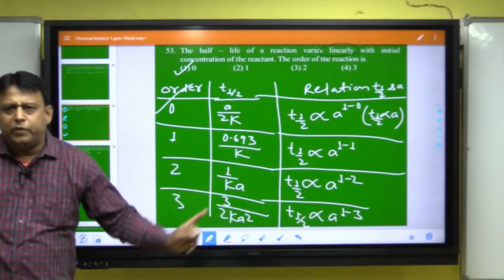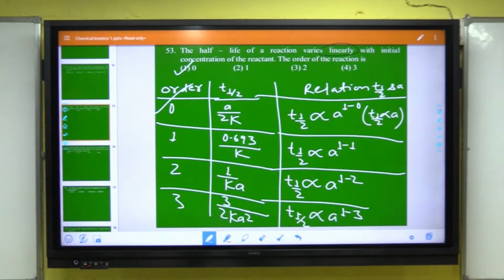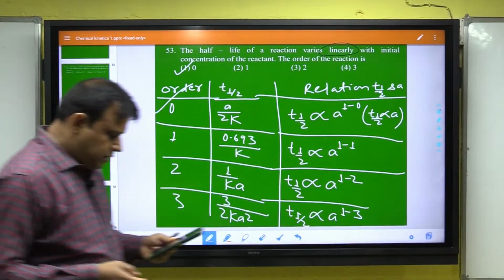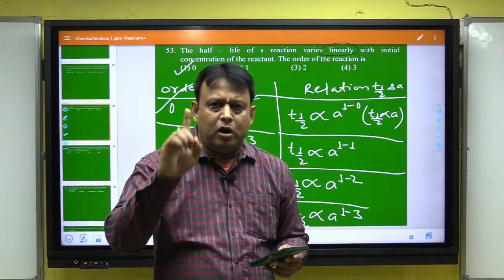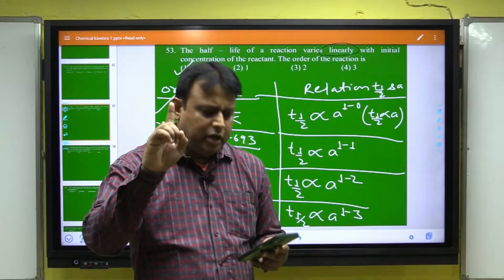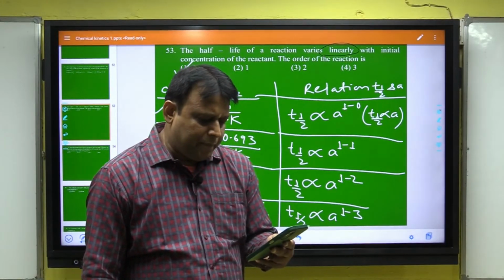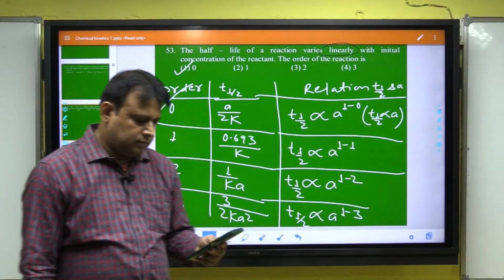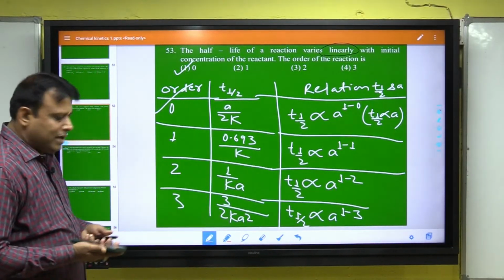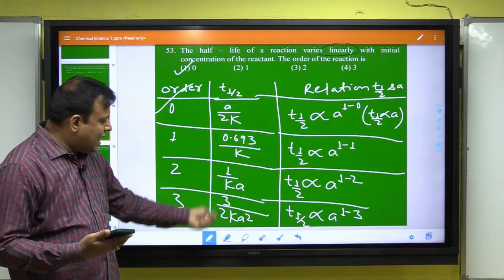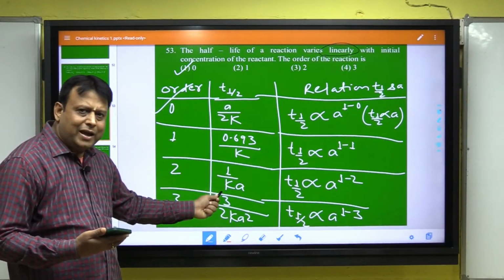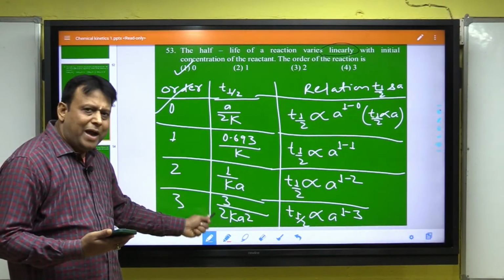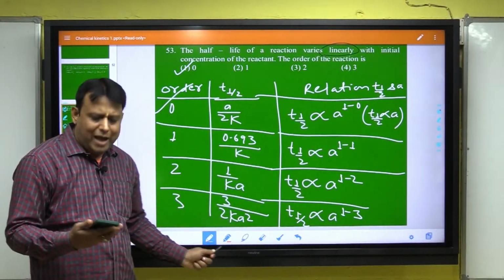Any doubt in question 53, linear relation? Text me about question number 53. मैंने लिखा है सेकेंड और थर्ड का हाफ लाइफ, सेकेंड का 1 बाय के, थर्ड का 3 बाय 2 के स्क्वायर. मैंने राइट डाउन किया है, आप लोग राइट करो.